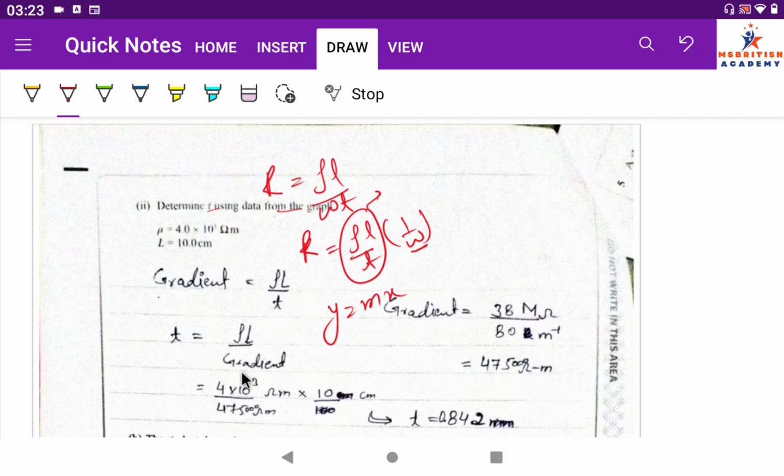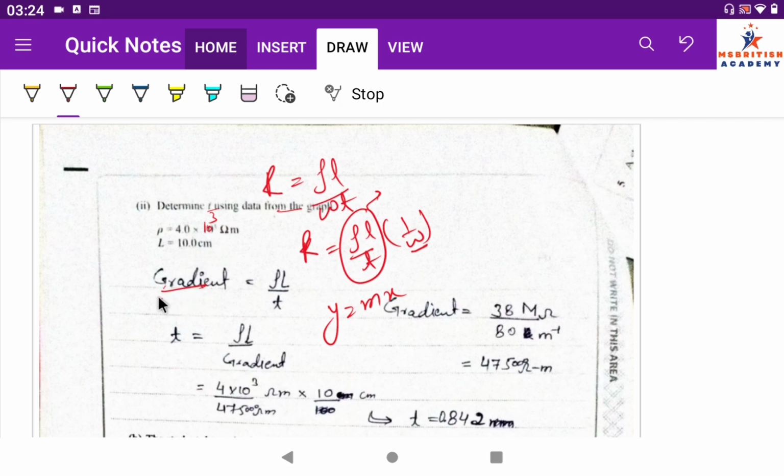Gradient. Okay, this is 10.3 ohm meter and the length is 10 centimeter.